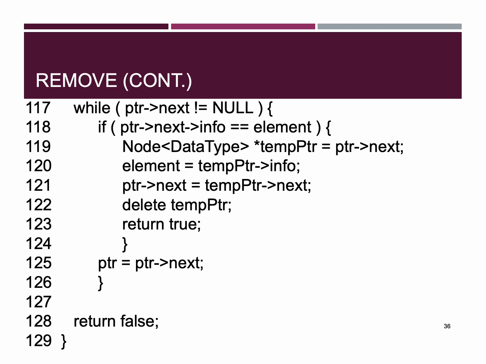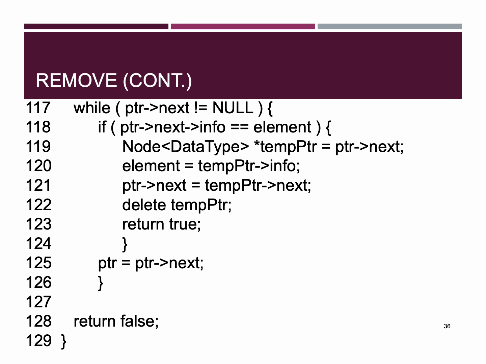We assign the info of temp ptr to the element parameter so the data can be returned. Then we update the next pointer of ptr to skip over the node being removed, effectively removing it from the list using ptr next equal to temp ptr next.